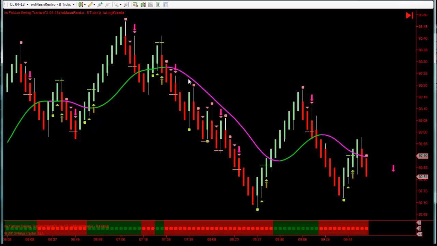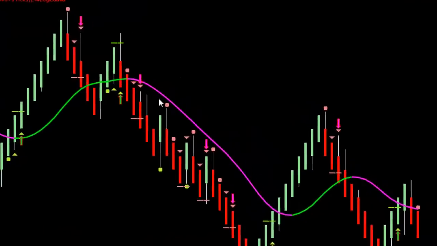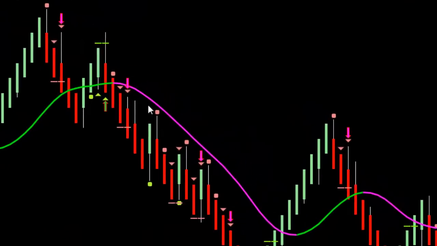So when the trend line changes color from green to red, the market has all of a sudden changed its directional bias. And what we're looking for now is a signal or a pattern that I refer to as a down, up, down, or in the case of a downtrend turning to an uptrend, we're going to be looking for an up, down, up.